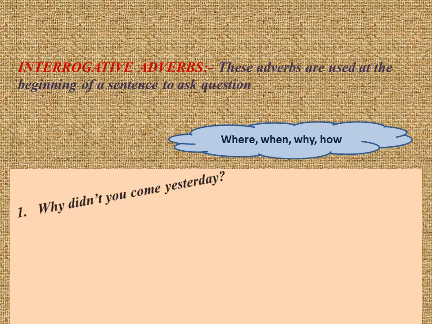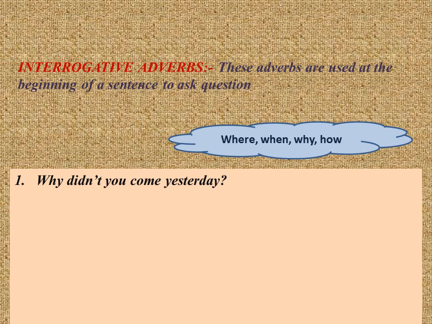The first example: why didn't you come yesterday? So this is a question. Can you see the word why and the question mark over there? So this is an interrogative adverb, isn't it?